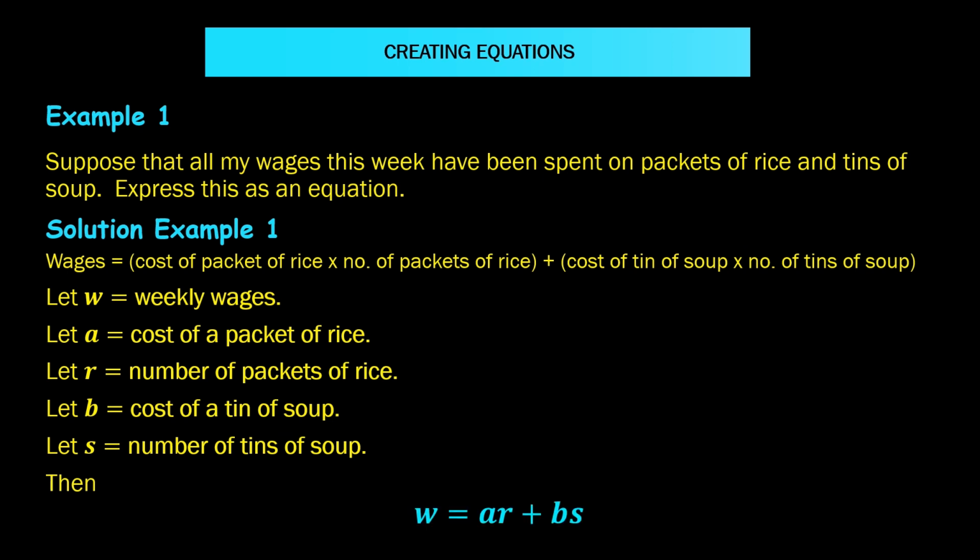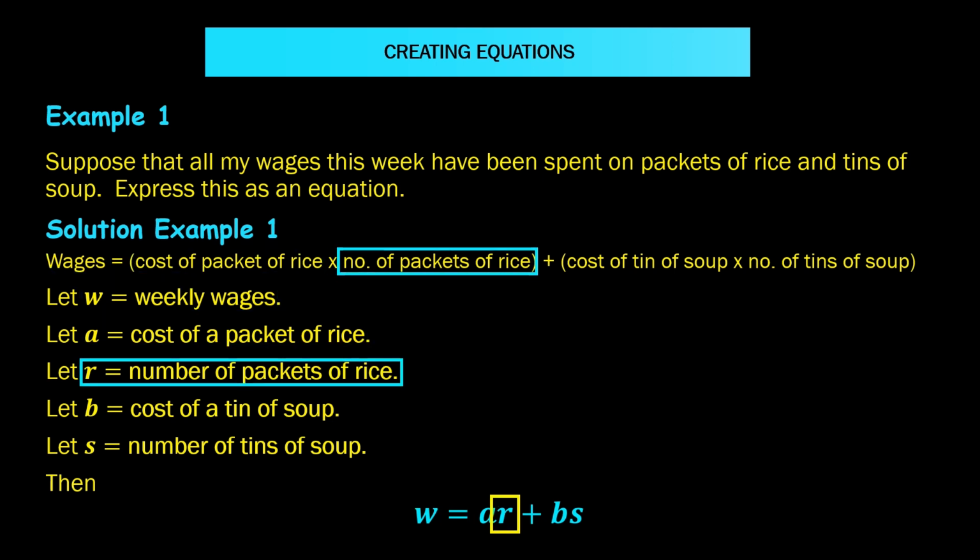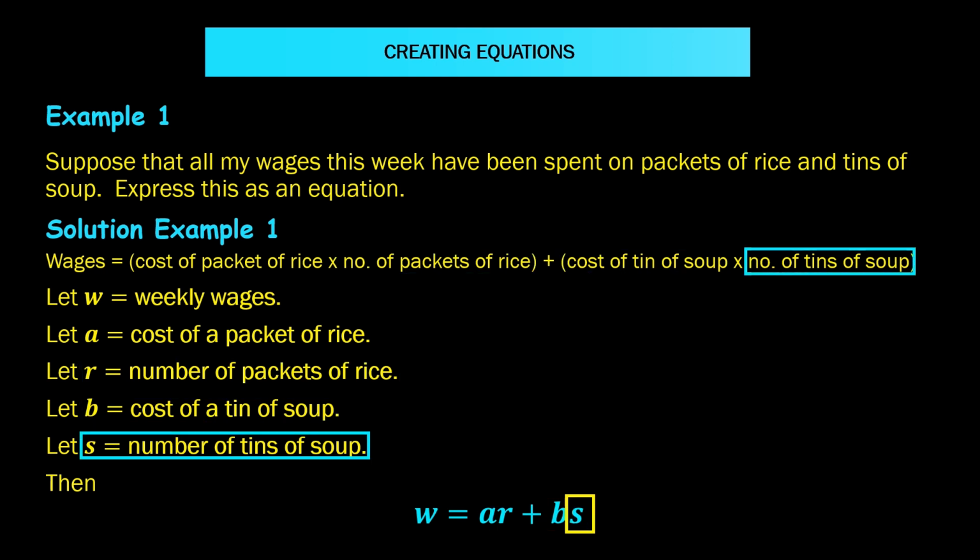Then we have this equation: W equals A times R plus B times S.